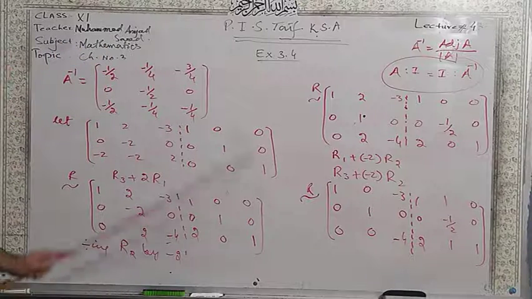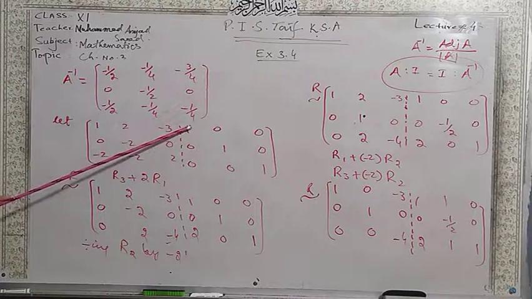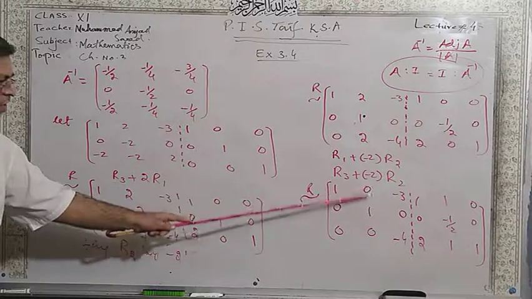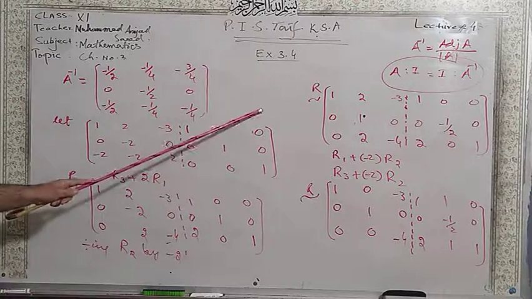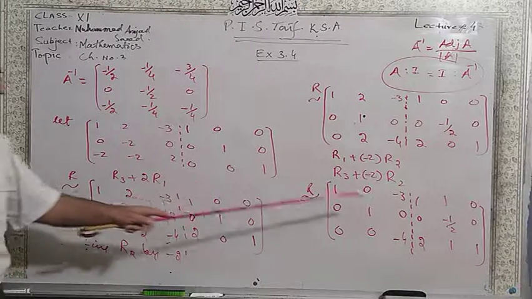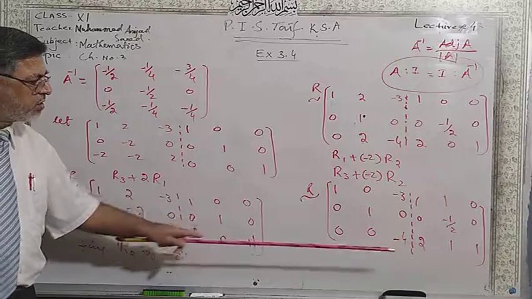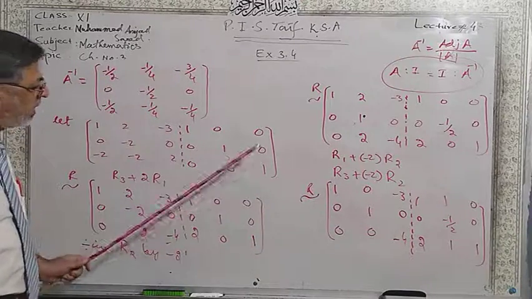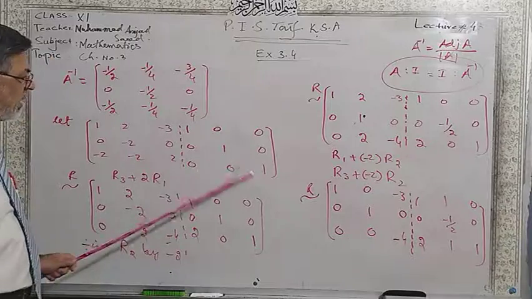Dear students, you can check on the right hand side here. This is 1 0 0, 1 0 0, 0 1 0, 0 1 0. And then this is the third column, and the last entry must be 1 and here is minus 4. So whole R3 is divided by minus 4 to make it 1.